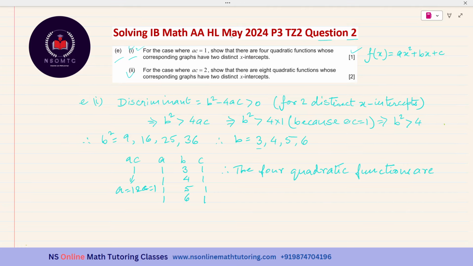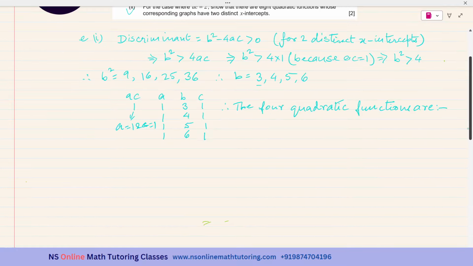are x square plus 3x plus 1, since E is 1 and C is 1; x square plus 4x plus 1; x square plus 5x plus 1; and x square plus 6x plus 1.